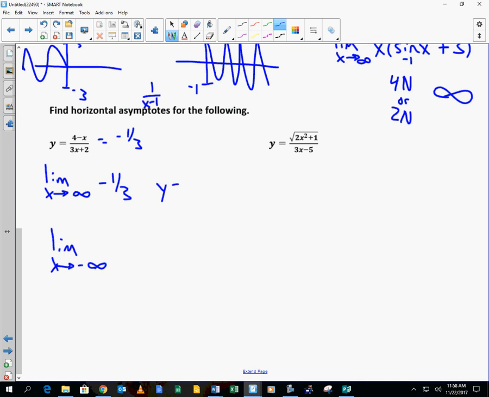So y equals negative 1/3 is a horizontal asymptote. Now let's look at the other way. Let's look at the limit as x goes to negative infinity. If you put a very large negative number in the numerator, you get a positive. If you put a very large negative number in the denominator, you get a negative. So that ends up being a negative. So it also is negative 1/3. So my horizontal asymptote is negative 1/3.